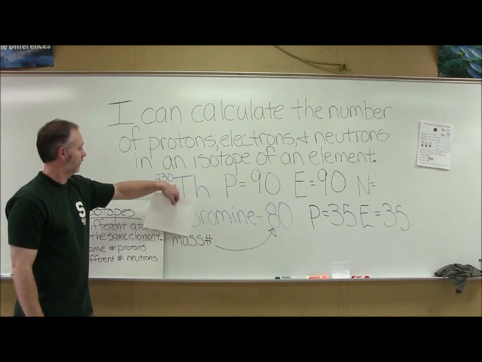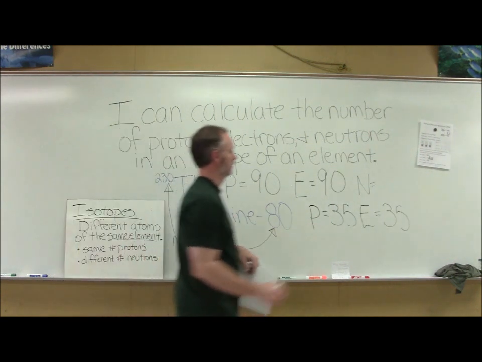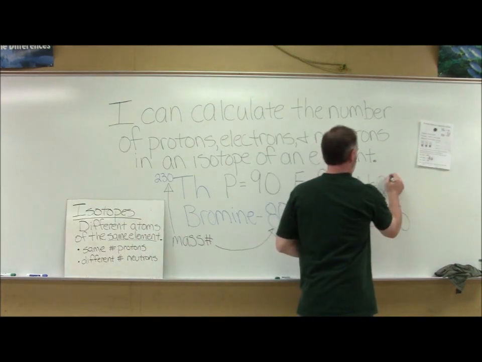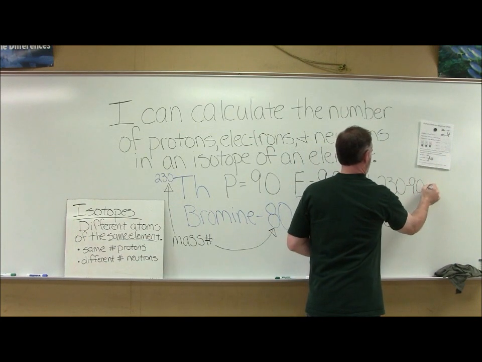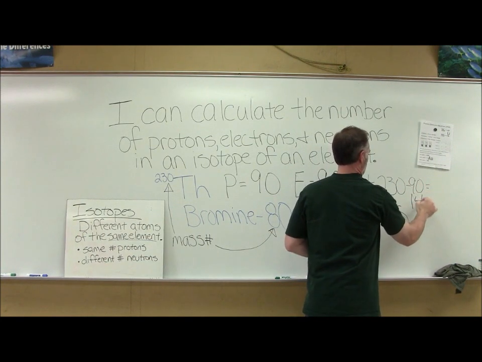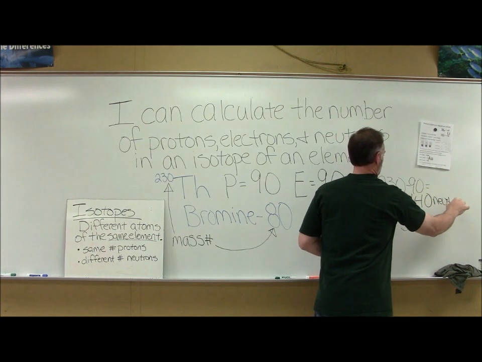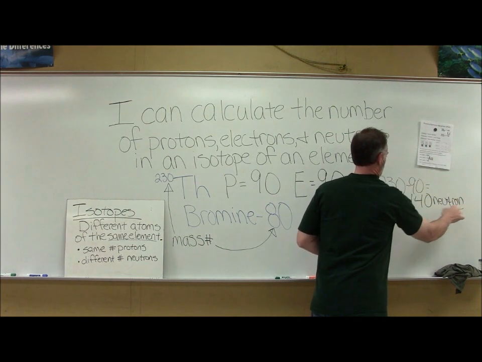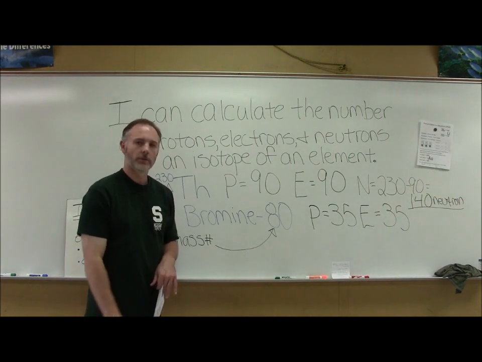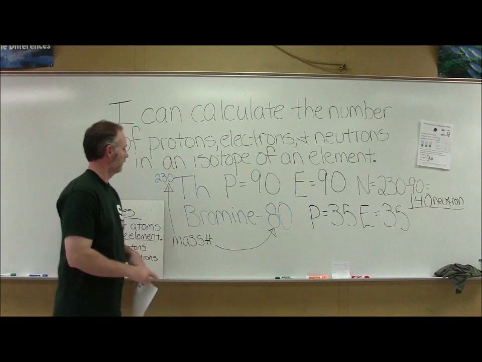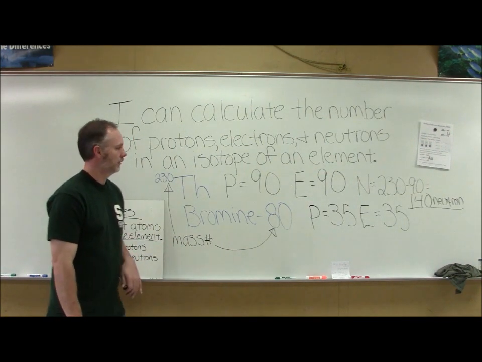Thorium-230, we're going to subtract 230 minus 90. So there's 140 neutrons in our isotope thorium-230.